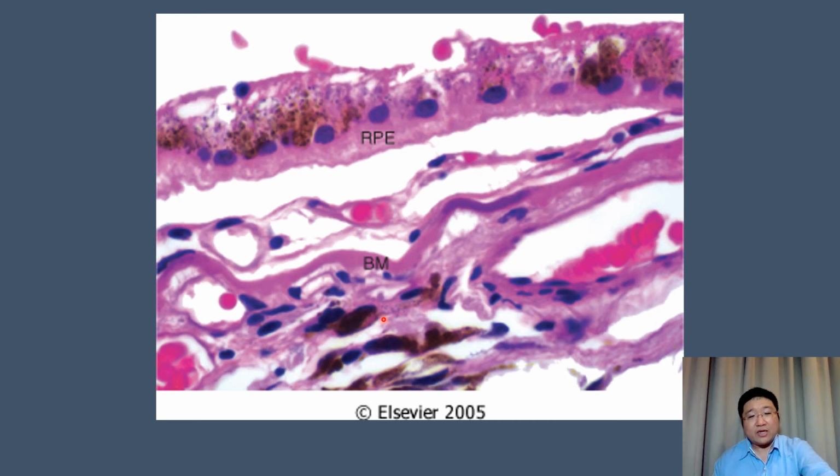In the dry stage we may only observe the deposits in Bruch's membrane, but in the wet or exudative stage we may observe the vascular membrane originating from the choriocapillaris and penetrating through Bruch's membrane into this space. So this is the exudative stage of macular degeneration.